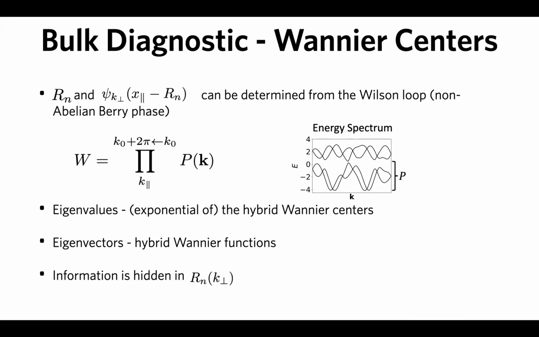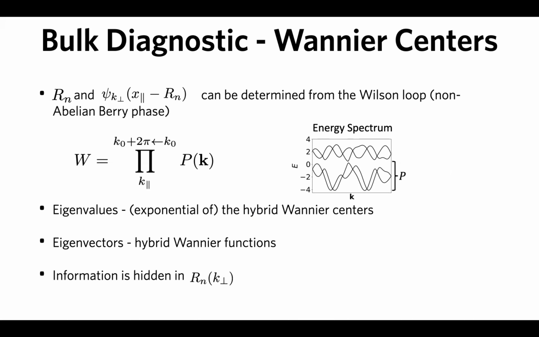This gives us some big matrix W, which has the nice properties that the log of the eigenvalues of this matrix tell me the centers Rn of my hybrid Wannier functions, and the eigenvectors of this matrix allow me to construct these functions themselves. Basically because this matrix is related to the position operator projected into this set of bands.